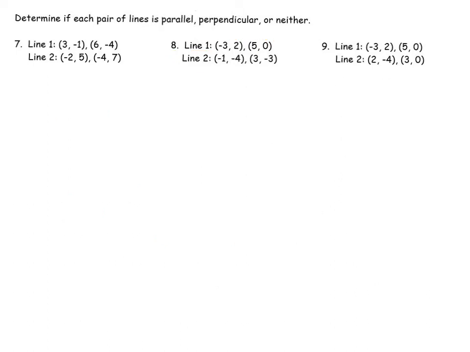Okay, let's take a look at number 9. So I'll start off with the slope of line 1. So we'll label our points x2, y2, x1, y1.